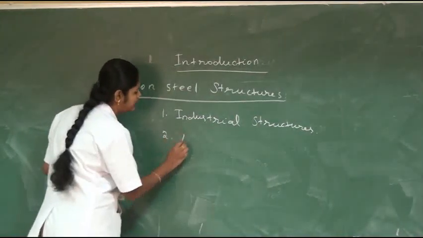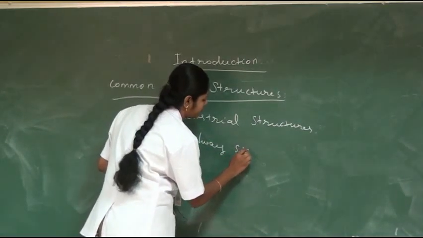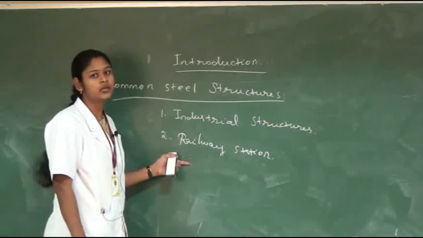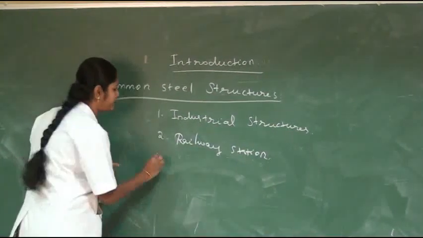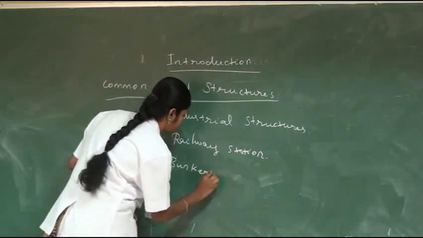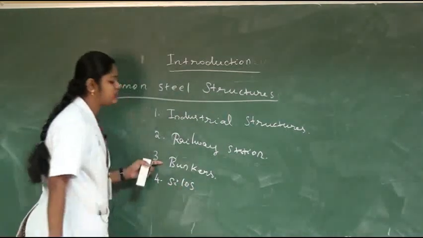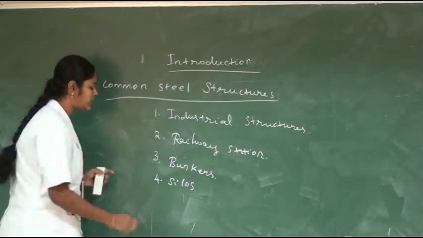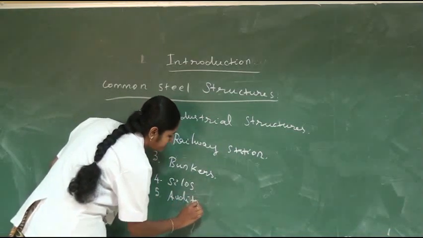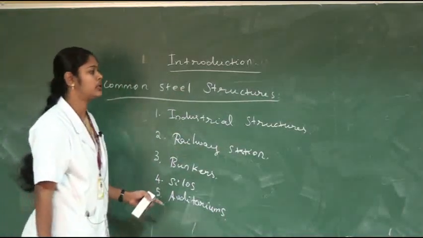Then, in railway stations, the steel members are used as platform covers. In third one, in bunkers, and then silos. In the construction of bunkers and silos, the steel members are used. And the fifth one is an auditorium. In auditoriums also the steel members are used.